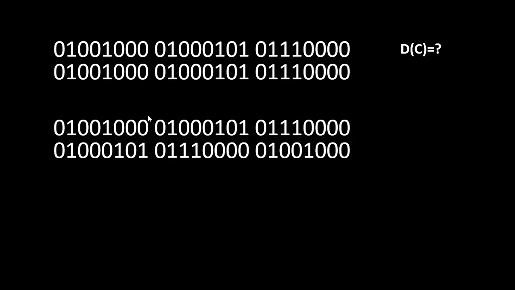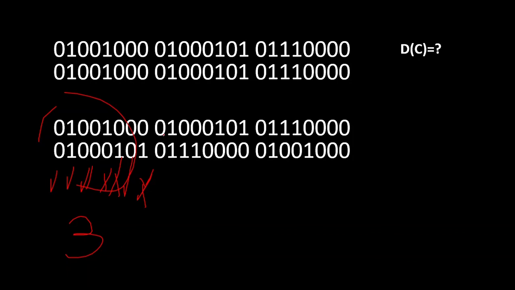All we have to do in this part is the same thing essentially. 1 1 same, 0 0 0 0 same, 1 0 not the same, 0 1 not the same, 0 0 same, not the same. So this pair is 3. The Hamming distance is 3.